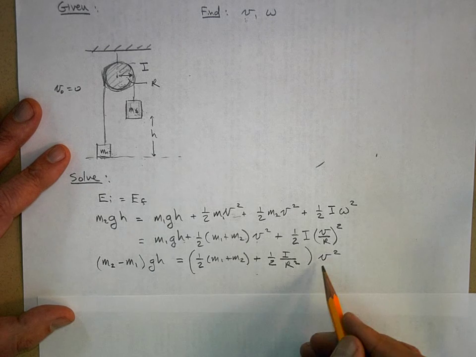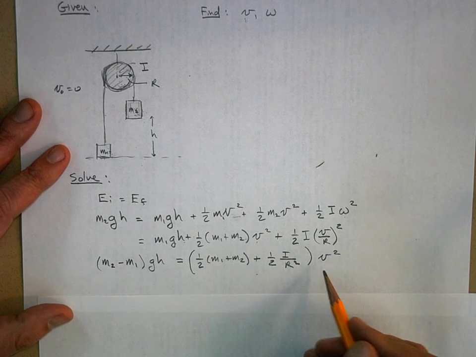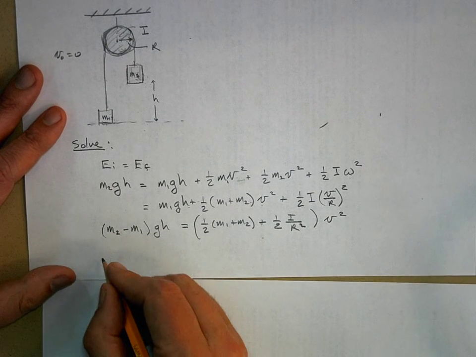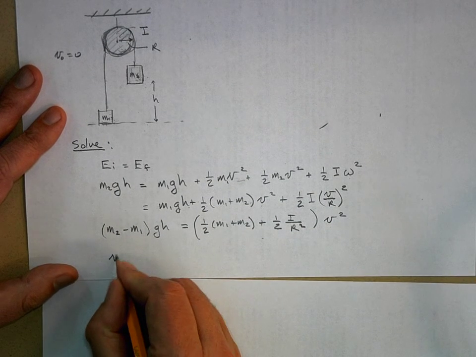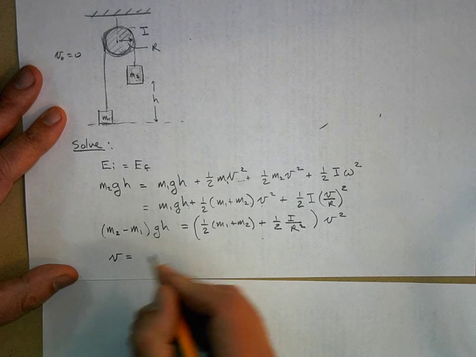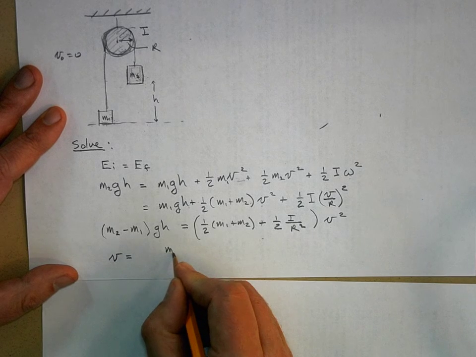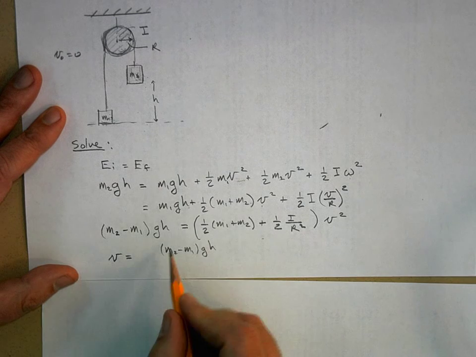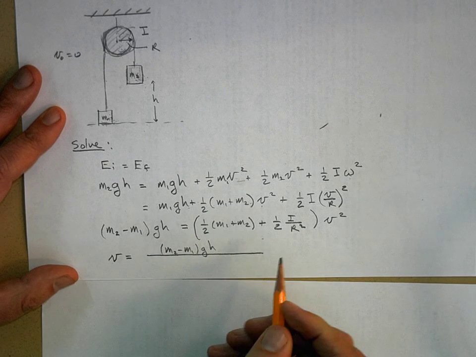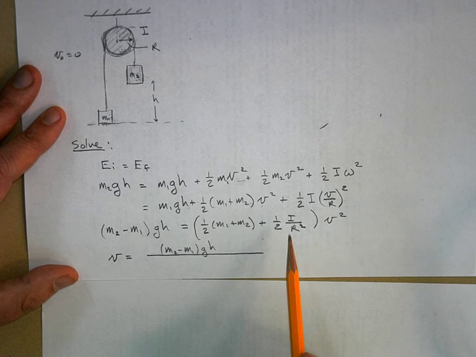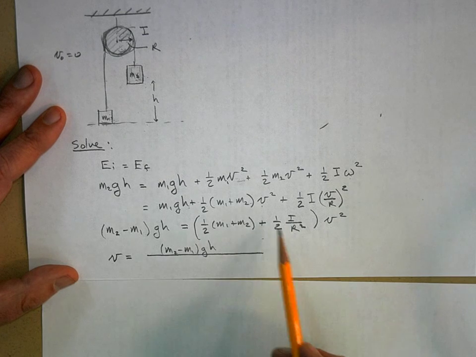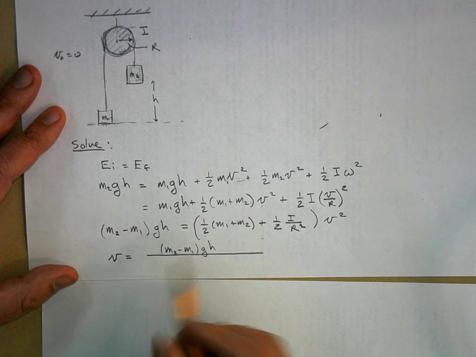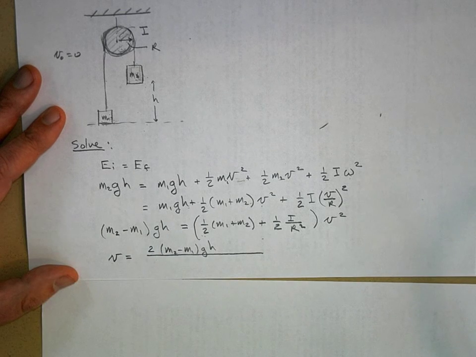Now I'm just going to solve for v. So v is equal to, well, (m2 minus m1) times gh divided by, well, here I'm going to divide by this. I can factor out the 1/2, but that would come up as a 2 over here.